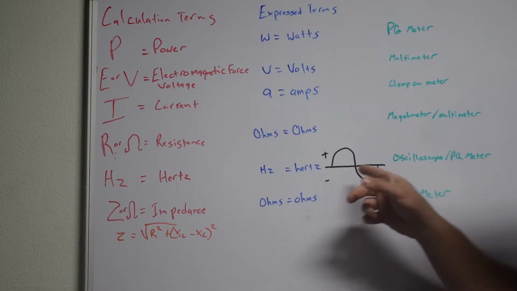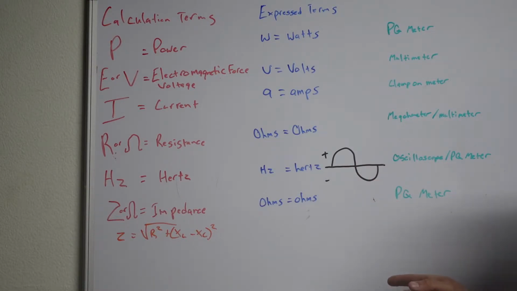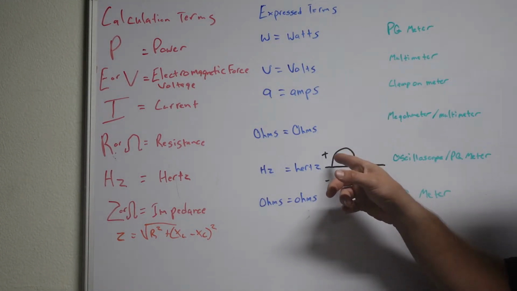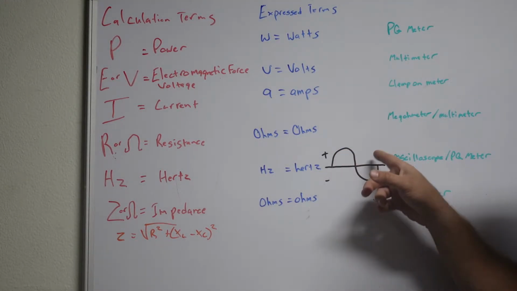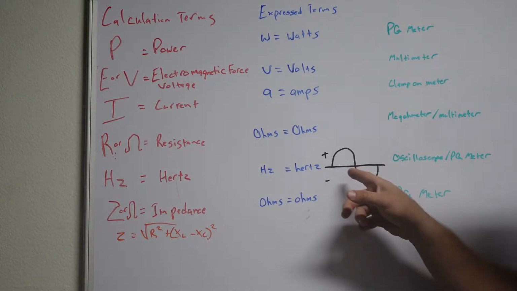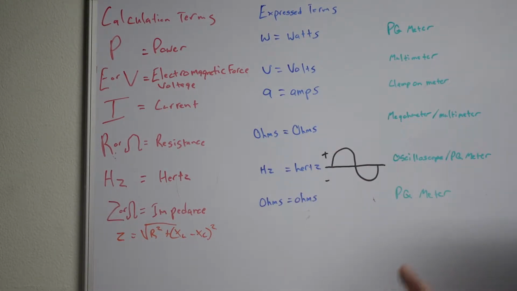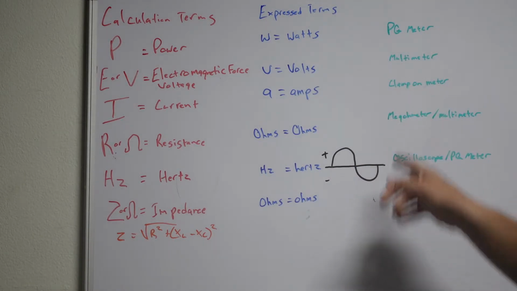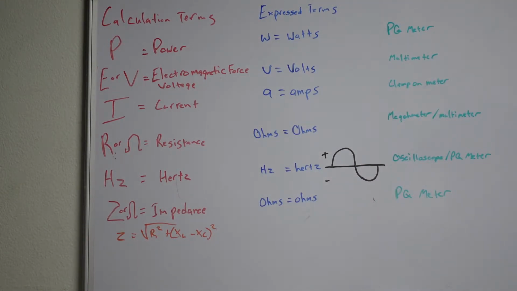That will be 60 of these per second. So that is basically 1 revolution of the generator in 1/60th of a second, if it's 60 hertz. So that is 1 cycle, 1/60th of a second.